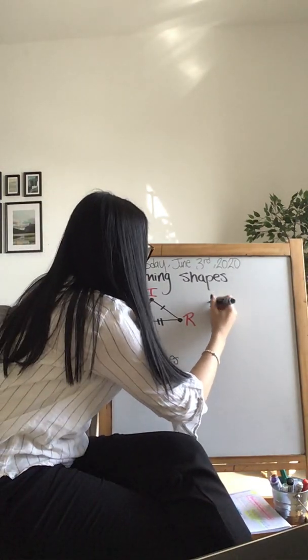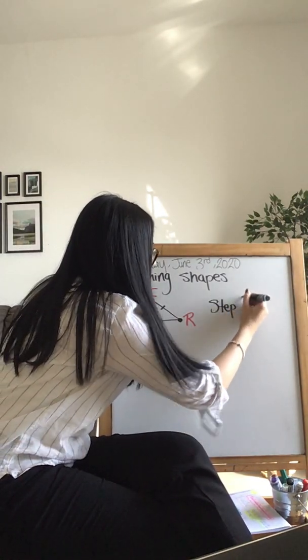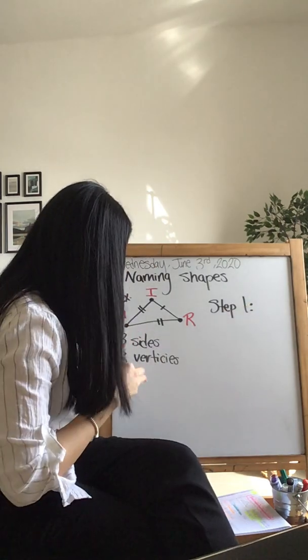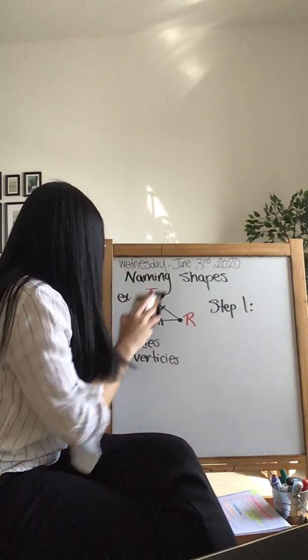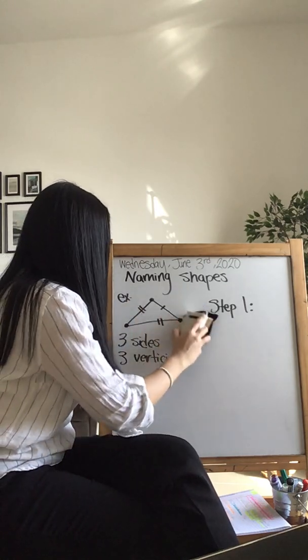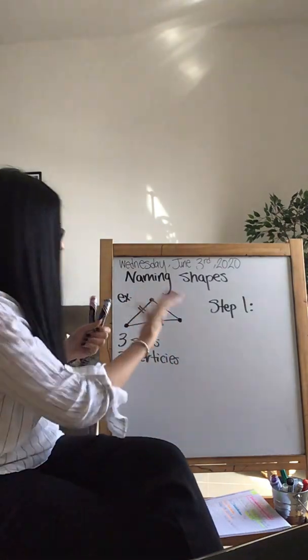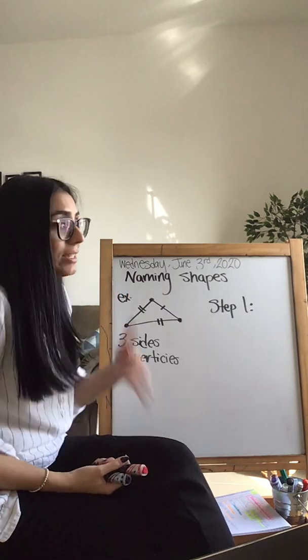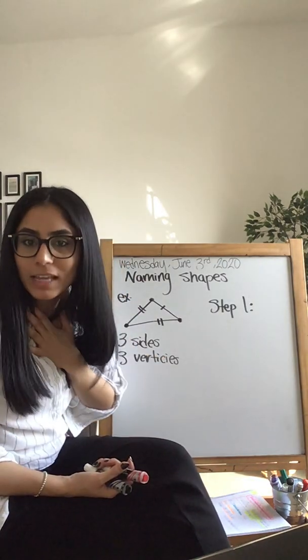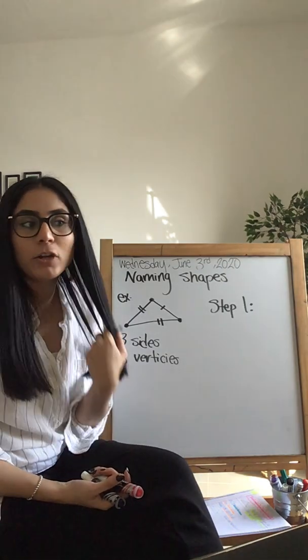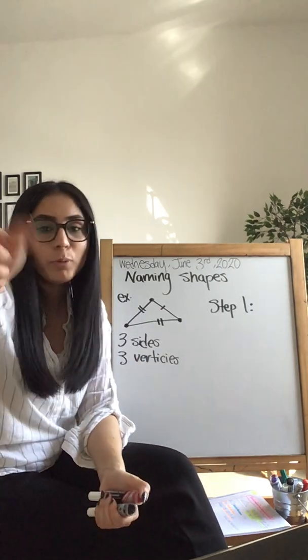So we can say step 1. We can make it up as we go. Okay, so if I have this shape, instead of me just saying this shape, it's like when you have all of us, right? I have a name, you have a name. I'm not just a person, and we're not just saying, oh, you person, come here.